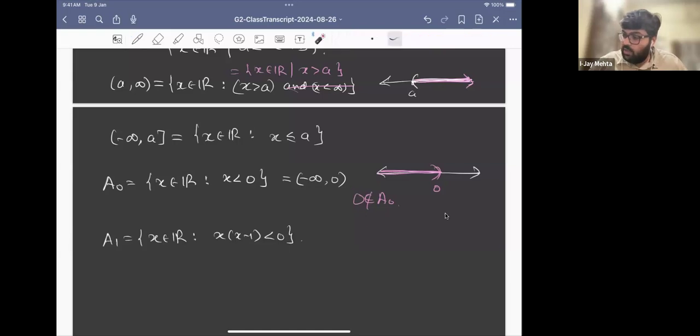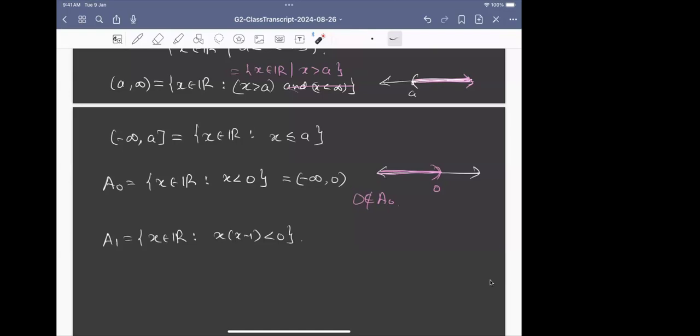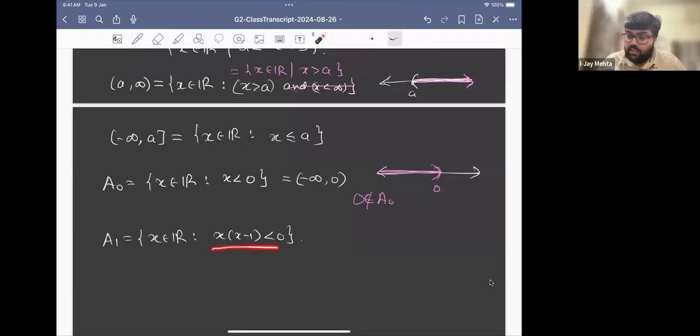That means whether the set is non-empty or not. Is it clear? So we first check whether the set is non-empty. Can anybody think of an element which satisfies this property? If we don't find any element, then it's an empty set.